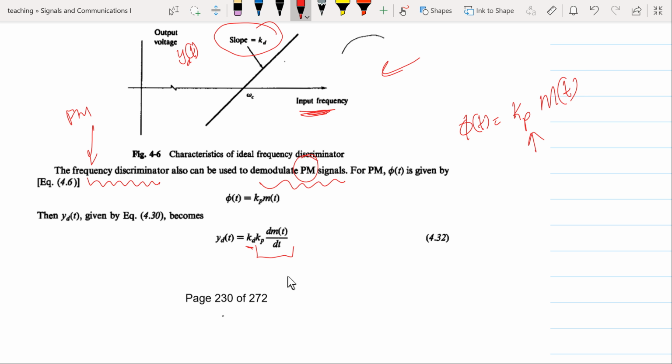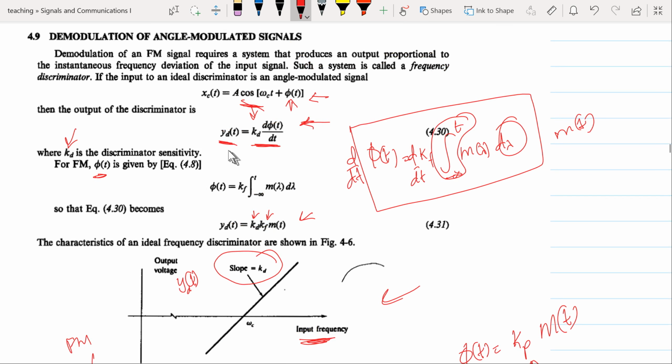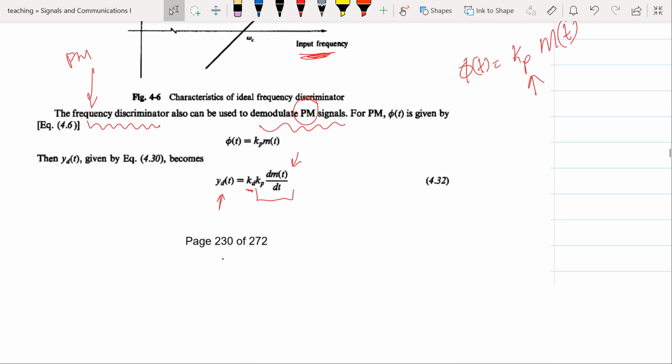From what we have seen, we can define y_d to be k_D multiplied by the change in the message signal with time, the first derivative of the message, because we said that y_d should always be given by this equation. This is how we defined equation 4.30: the ideal discriminator has a constant of proportionality, the sensitivity of the discriminator, and you differentiate phi of t with respect to time.